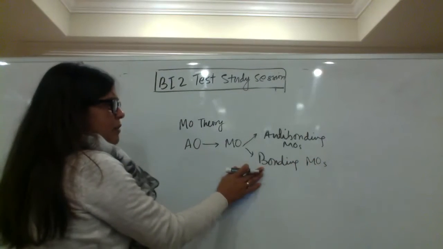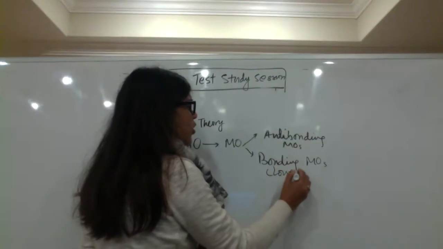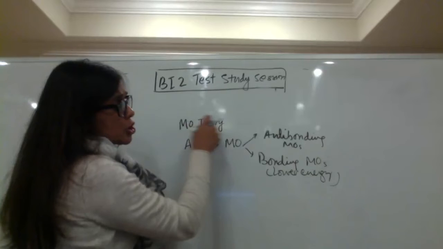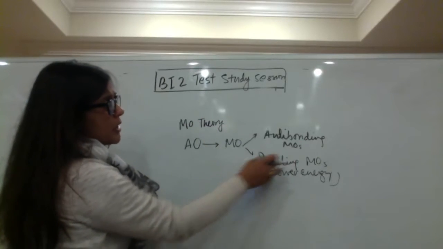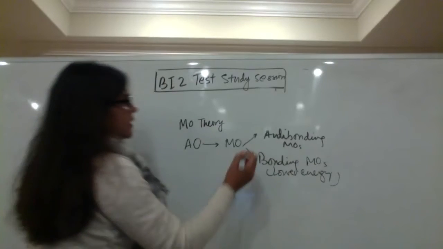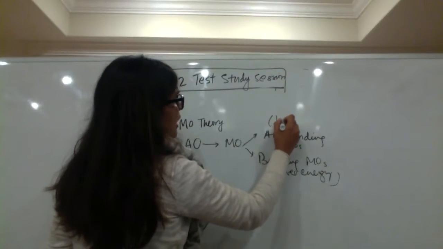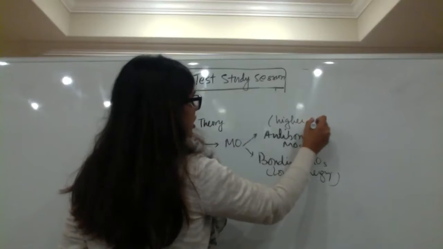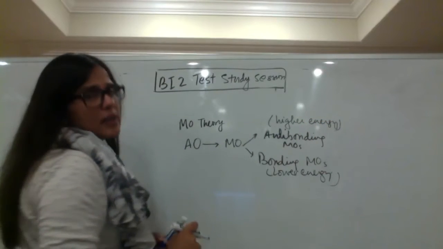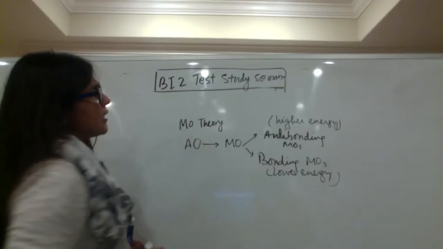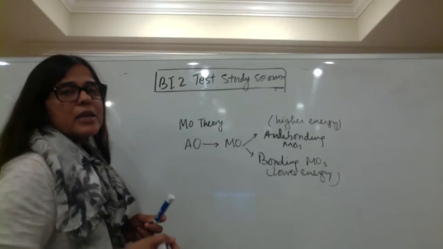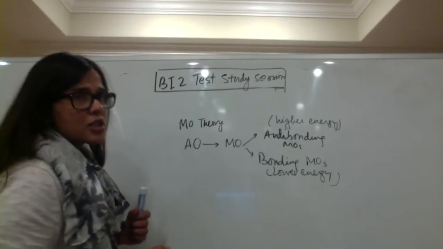If they are bonding molecular orbitals, then they have lower energy as compared to the atomic orbitals. So electrons tend to fill the bonding MOs first because electrons tend to be in the lowest energy state. Anti-bonding MOs are higher energy orbitals, and electrons tend to go here later. One thing that molecular orbital theory explains very well is paramagnetism of oxygen.